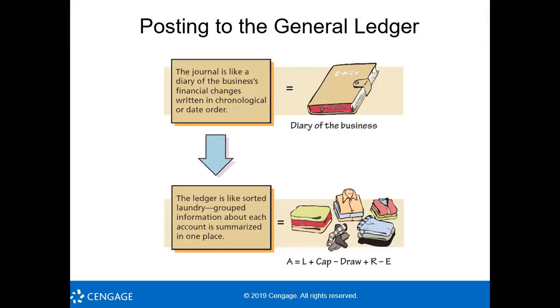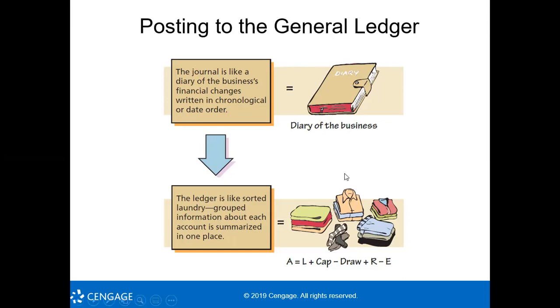Here's a little illustration, a couple of pictures, to illustrate this. The journal is like the diary of the business. Financial changes are written in chronological or date order, right? Our journal entries are all kept track of in the general journal. Once we do our journal entry, we want to post it to the T accounts.